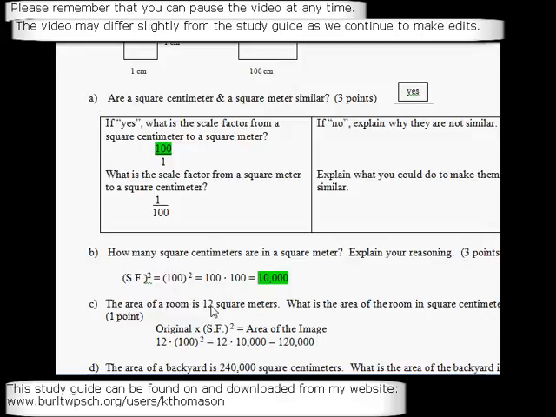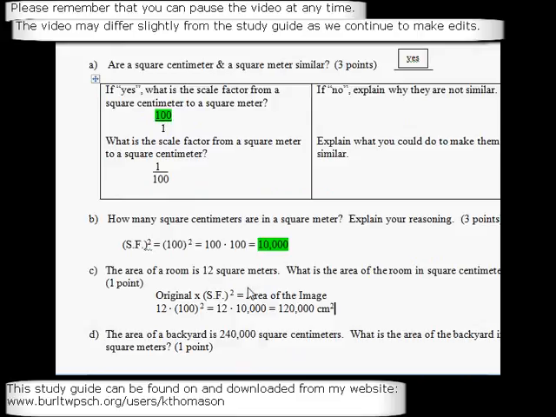It says the area of the room is 12 square meters. What is the area of the room in square centimeters? So you could write square centimeters, or you could write centimeters squared.